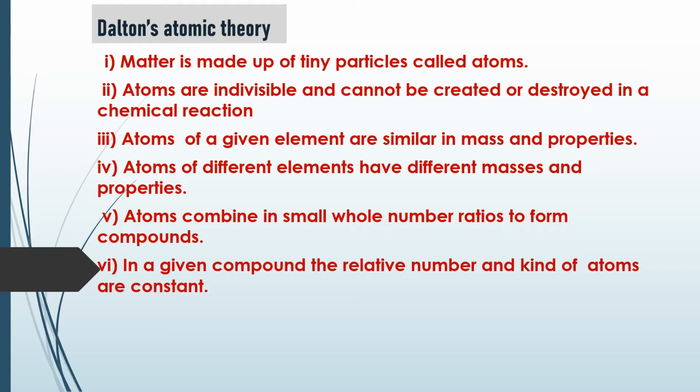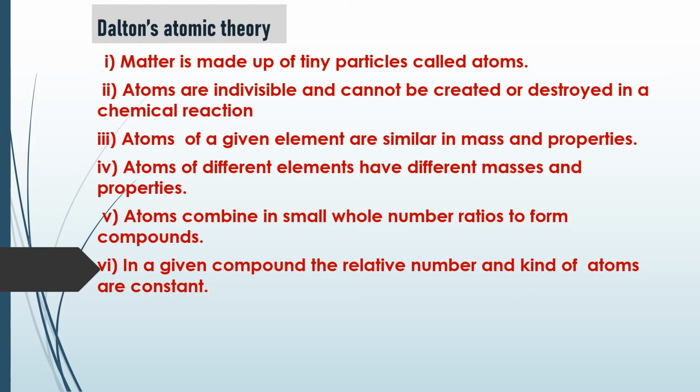Dalton chose the idea of indivisibility, that atoms cannot be divided further. His theory was based on both the laws of chemical combination, the law of conservation of mass and the law of definite proportion. So, what did Dalton's atomic theory state?